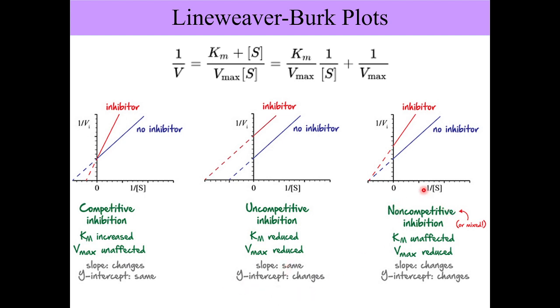For the non-competitive inhibitor, the Km value is exactly the same, but the Vmax value has decreased, right? So Km is unaffected, Vmax is reduced. The slope changes and the y-intercept also changes. This is also the case for mixed inhibition.